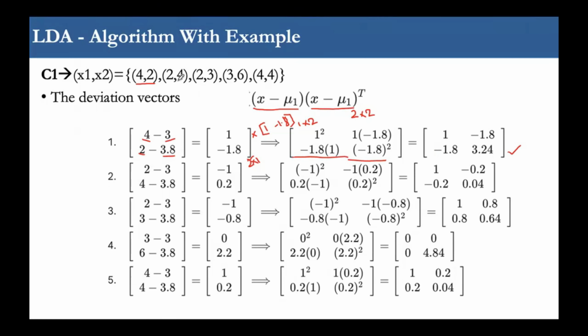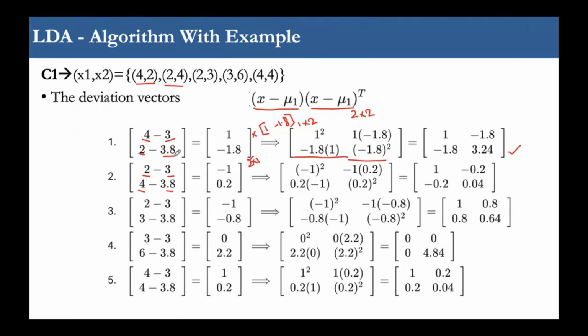Similarly, we need to do this for the second data point, 2, 4. The x is 2 and 4, and mu1 is 3 and 3.8.